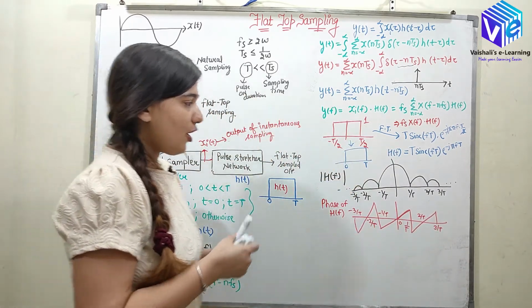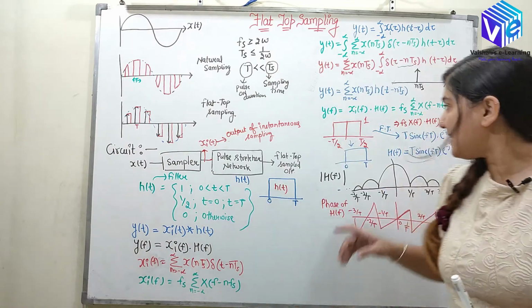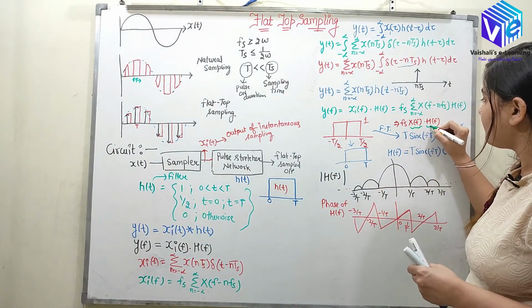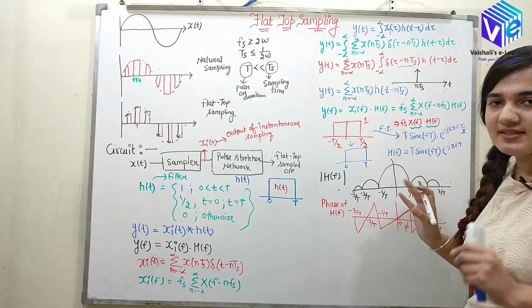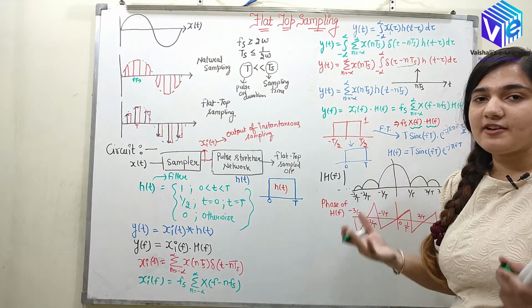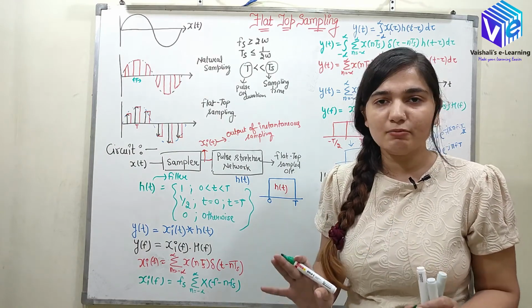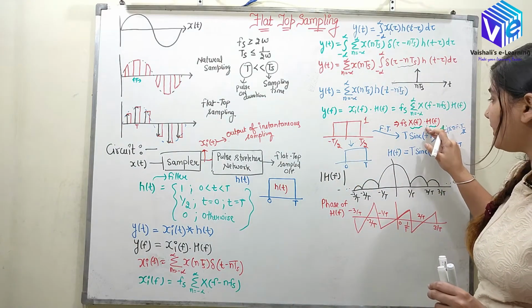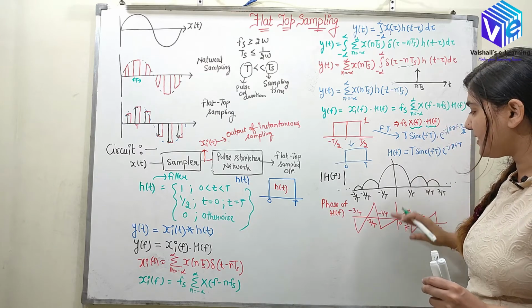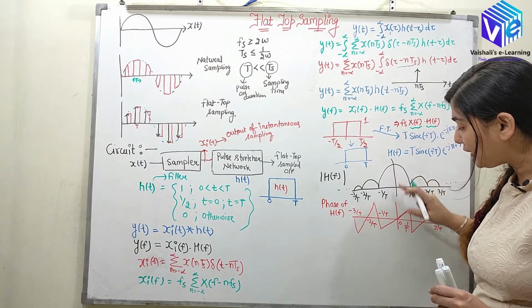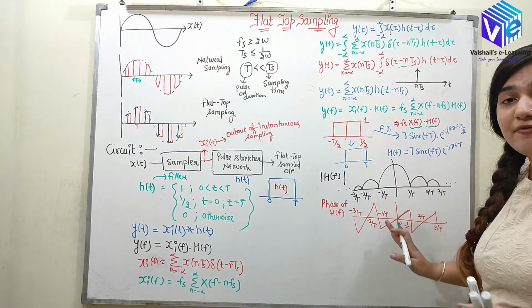So now from here you can see if I am multiplying the X of f with H of f. Now Fs is a constant term which will give me either attenuation or amplification, that I can remove easily. But now here when this H(f) is multiplied, I will get the distortion in the amplitude as well as in phase.